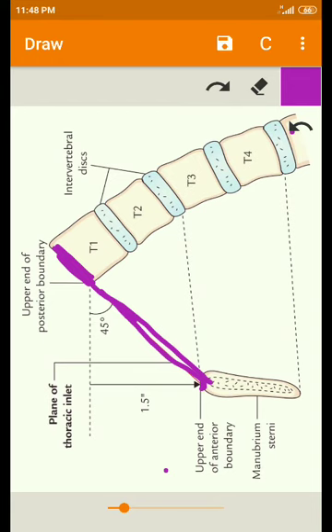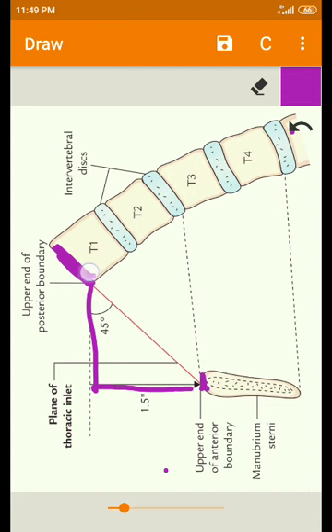The anterior part of the inlet, that is the manubrium sterni, lies 1.5 inches below the posterior part. This is the posterior part.